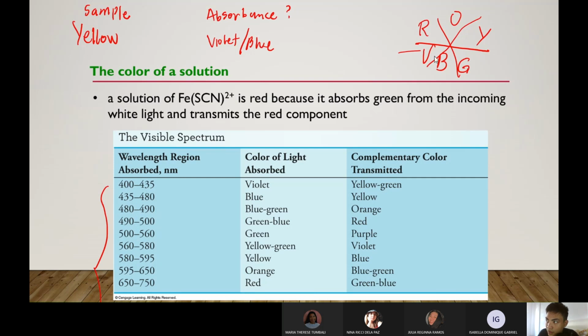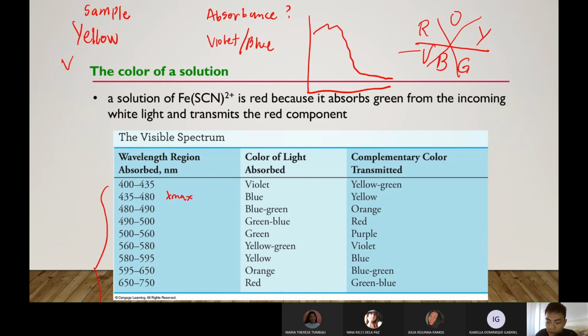So, somewhere dito ako mag-expect ng absorbance. Okay? Sa complementary color always. Sa kabaliktaran. Okay? So, ito yung wavelength niya. So, dito mo makikita yung lambda max niyan. Okay? Doon mo makikita yung lambda max niyan.